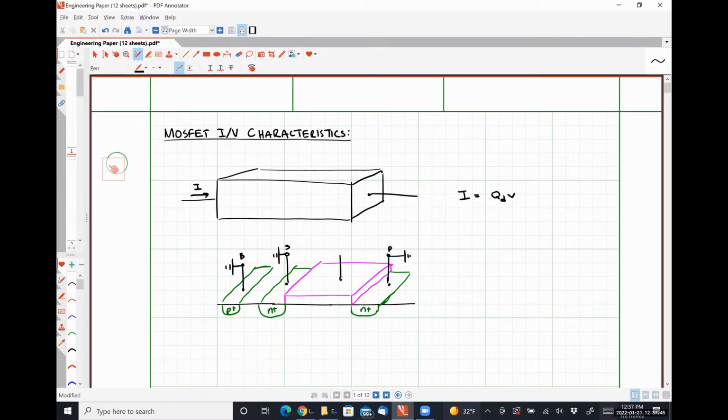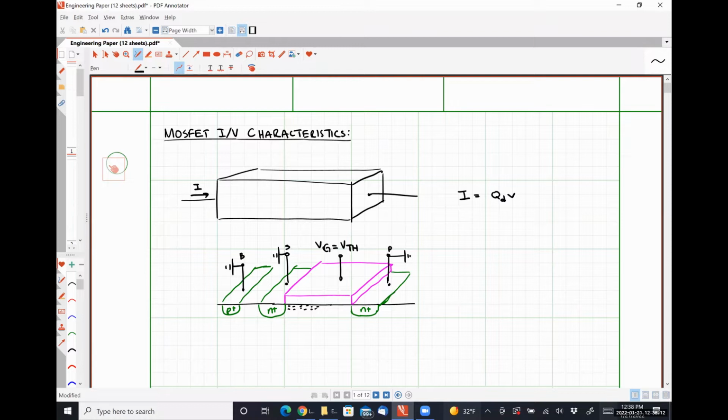And here in the middle, we have our gate connection. And let's say that the voltage VG applied at our gate is exactly equal to our threshold voltage, which would mean that inversion has occurred.